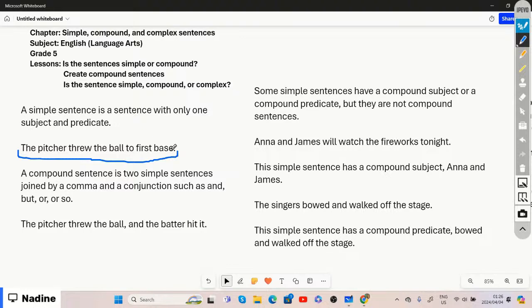And usually dependent clauses use a subordinating conjunction, or sometimes a pronoun, to connect clauses. Subordinating words are like because, since, until.